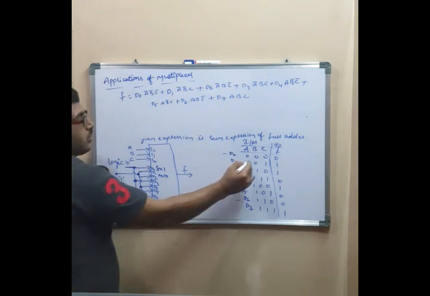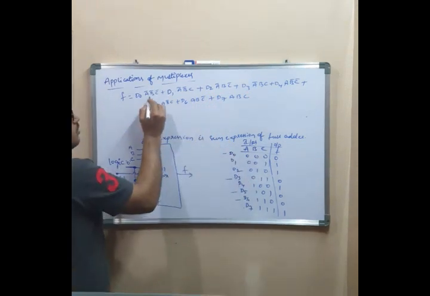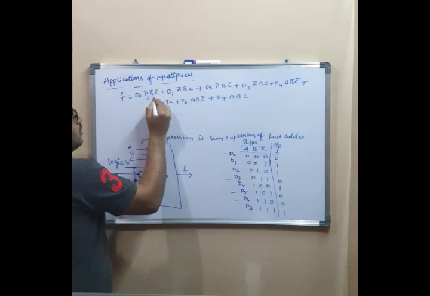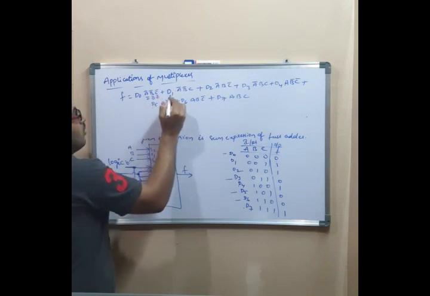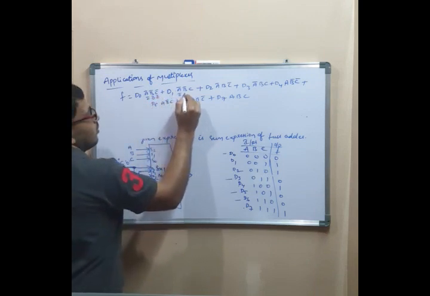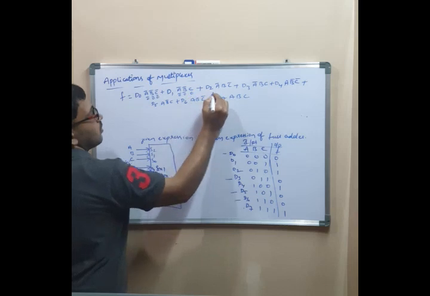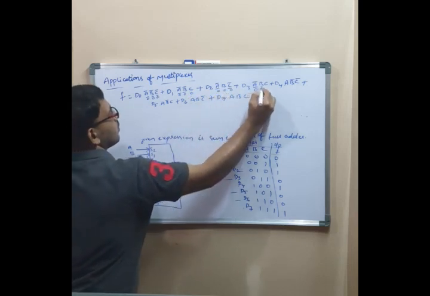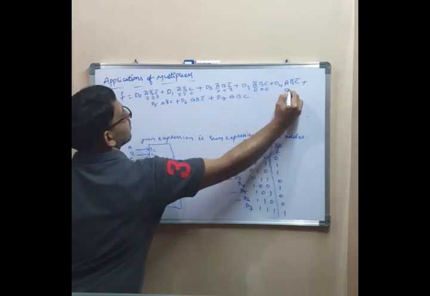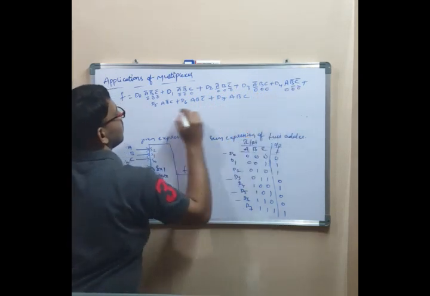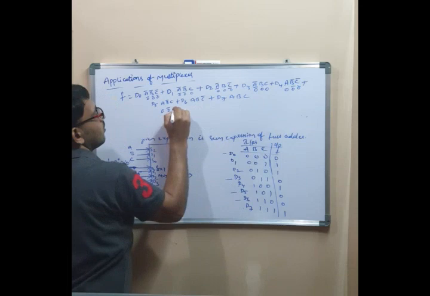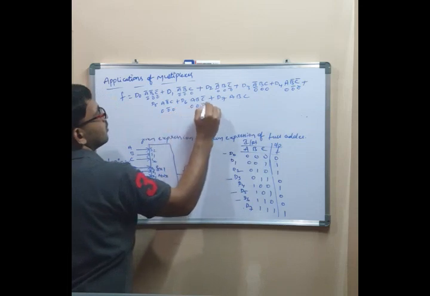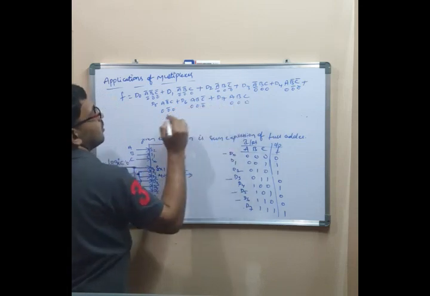You substitute 0, 0, 0, 0, A, B, C. So this will be 0 complement, 0 complement, 0 complement, 0 complement, 0 complement, 0, 0 complement, 0, 0 complement, 0 complement, 0, 0, 0, 0 complement, 0 complement, 0, 0 complement, 0, 0, 0, 0 complement, 0, 0, 0.